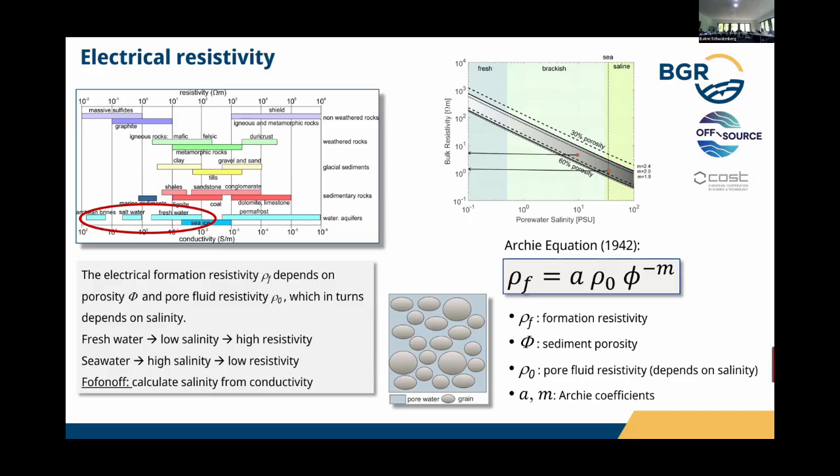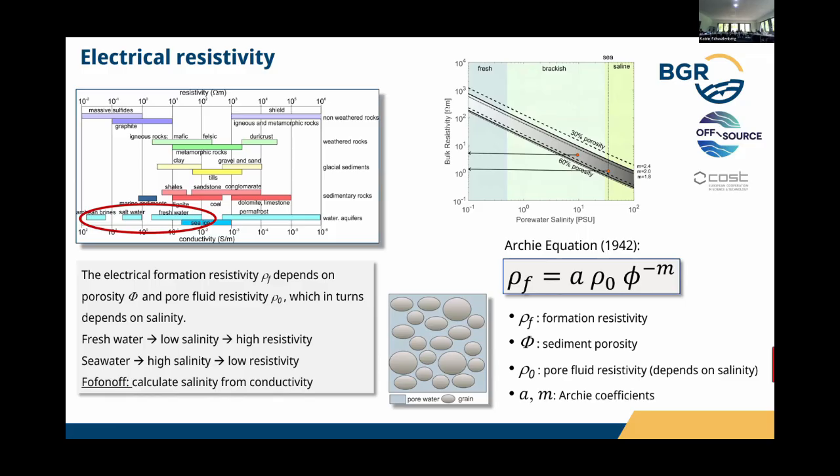For seawater, we have salinities of 33 to 35. If we have a pore water salinity of 3.4 PSU and a porosity of 60%, we arrive at a bulk resistivity of a bit above 1 ohm meter.